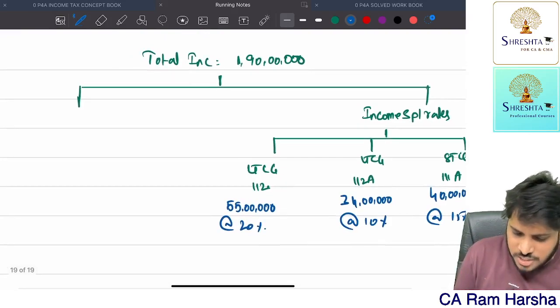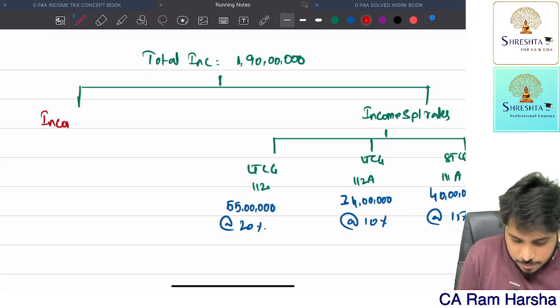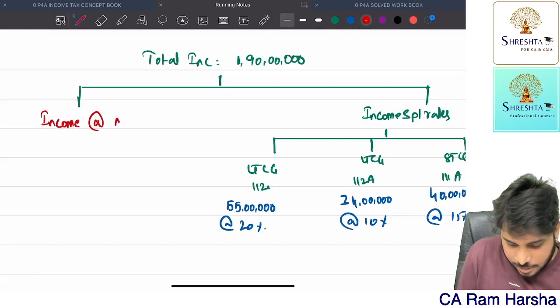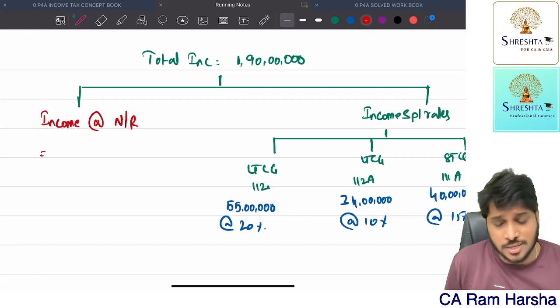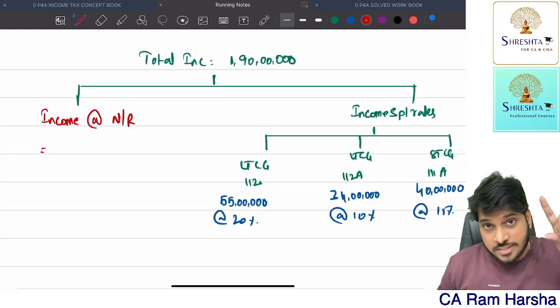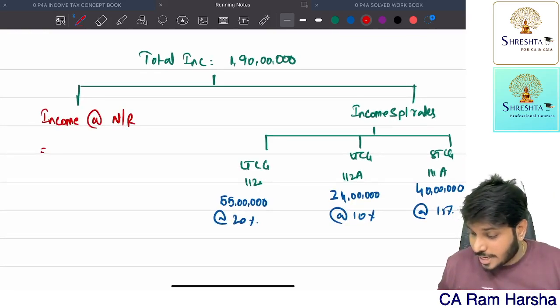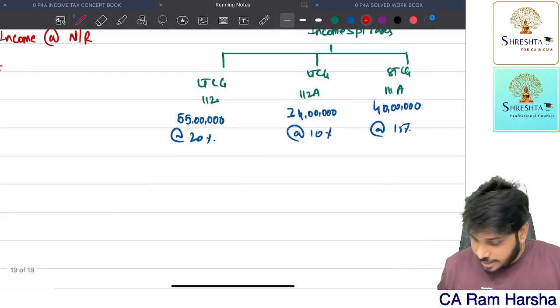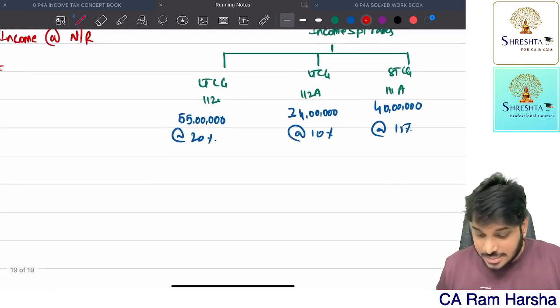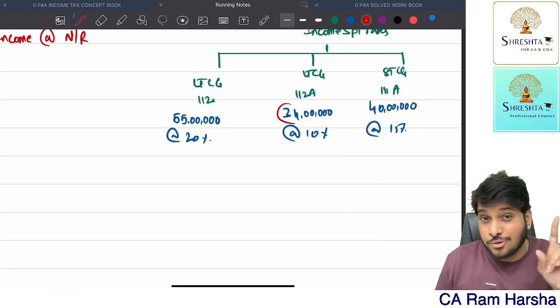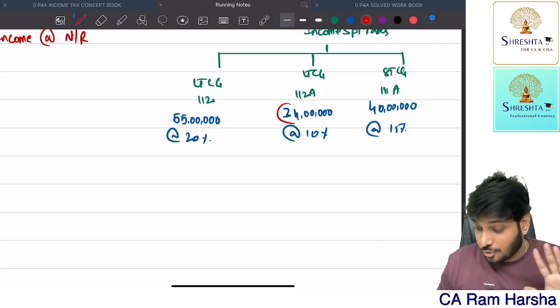Now, how much income is taxable at normal rates of tax? Sir, should we total it in the question? No, straight away 1 crore 90 lakhs is there. Minus 55 lakhs, minus the 112A gain. Don't reduce 34, reduce 35.